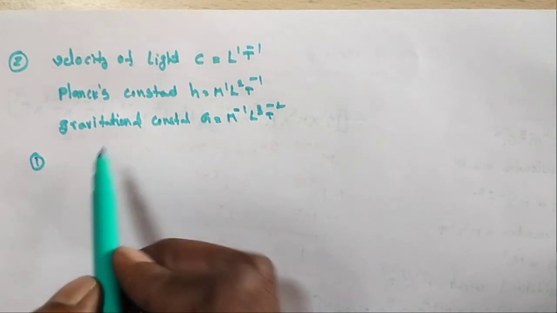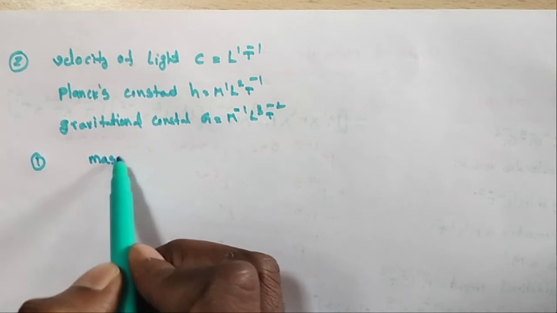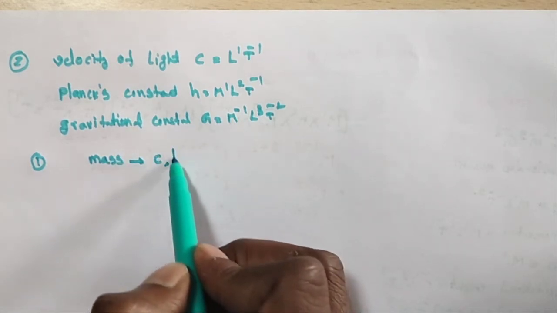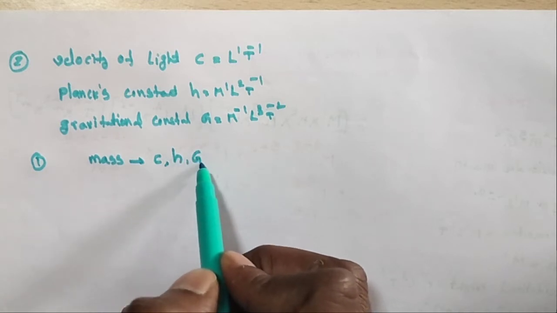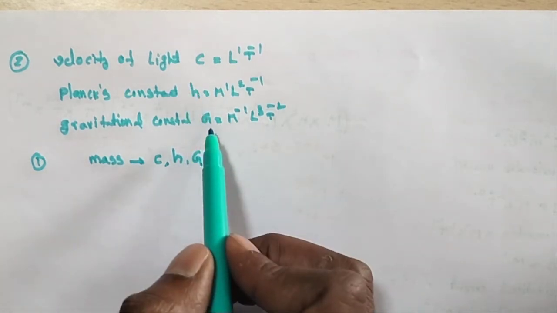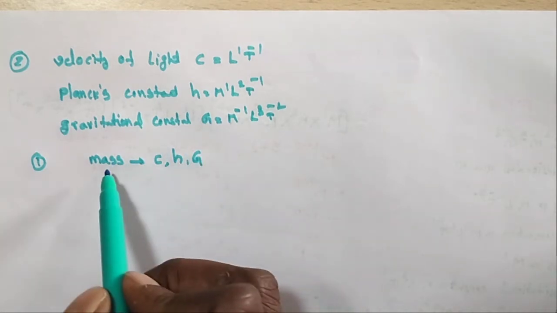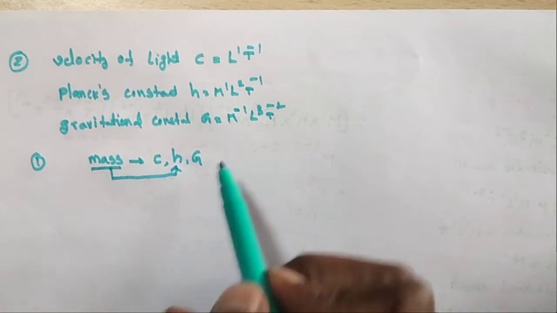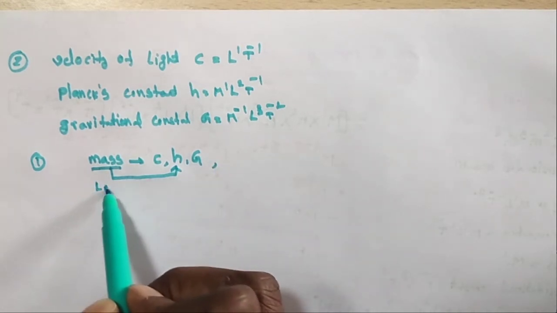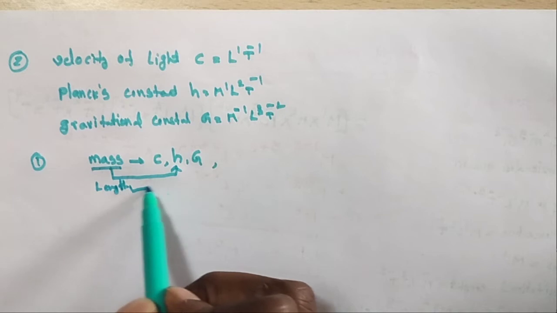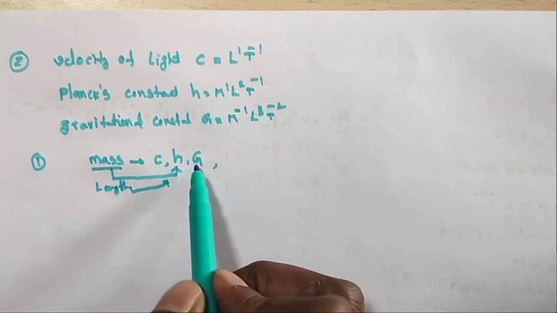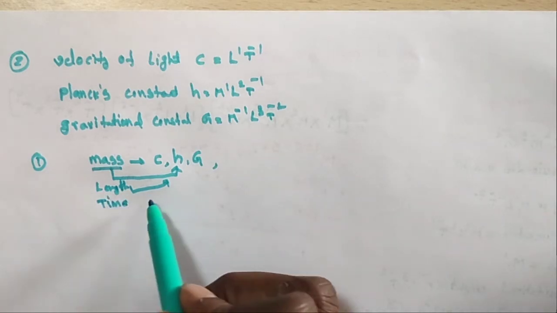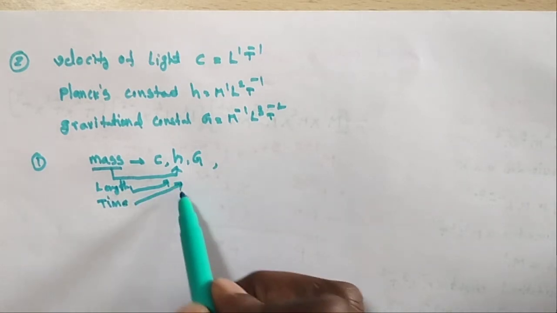You can write the mass in terms of the velocity of light, Planck constant, and gravitational constant. So these are fundamental quantities. What is the mass equation in terms of c, h, G? The same thing, what is the length by using these fundamental quantities? And the third one, what is the time equation by using these fundamental quantities?